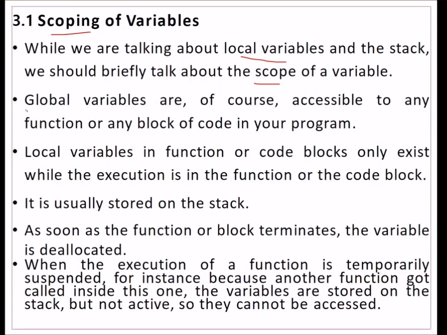First is global variables. These global variables are accessible to any function or any block of code in your program, while on the other hand, local variables are in a function or a code block. These are the braces; everything inside them is called a code block. Local variables in a function or code block only exist while the execution is in that function or code block.